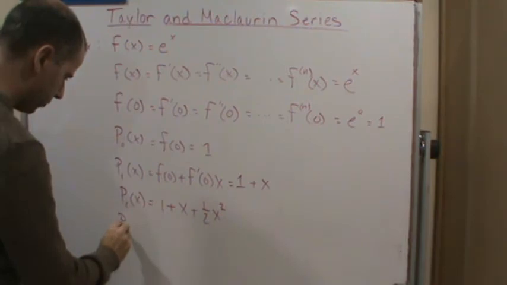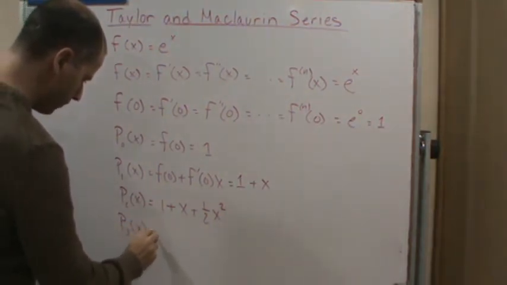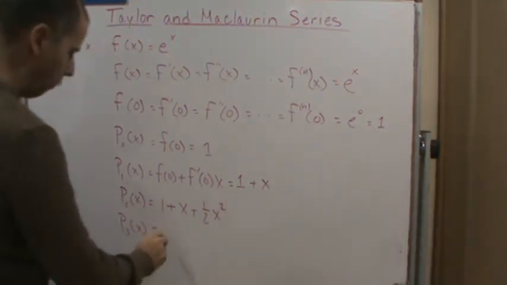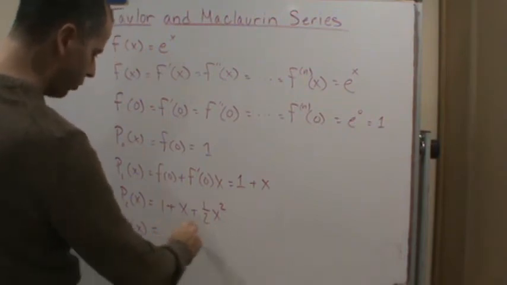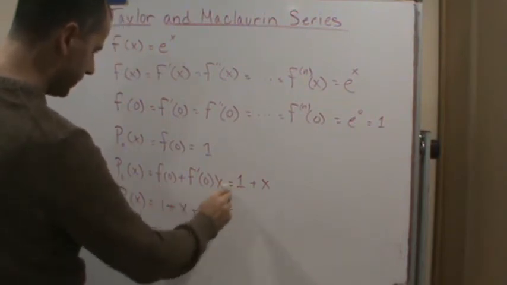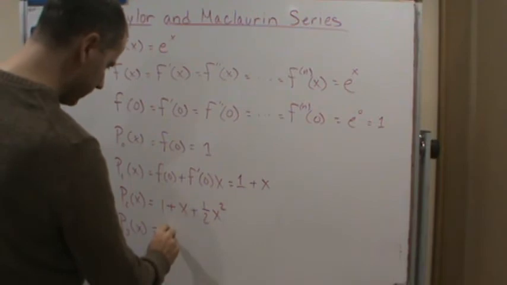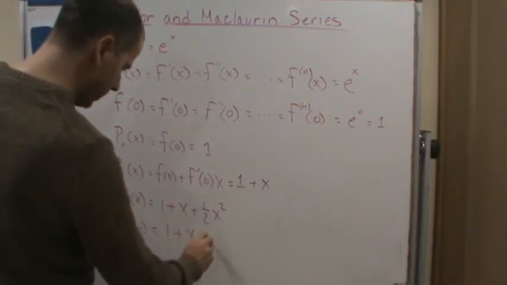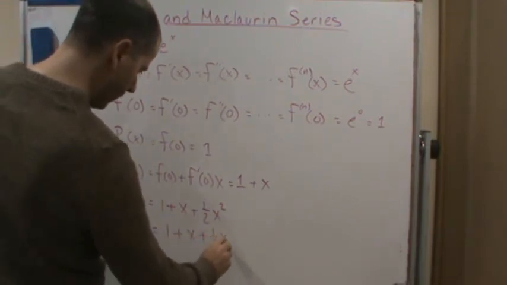And then P3 of x equals what? Well, again, it's going to be the same first three terms, 1 plus x plus 1/2 x squared.